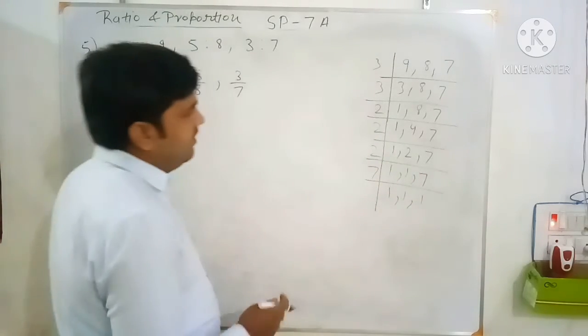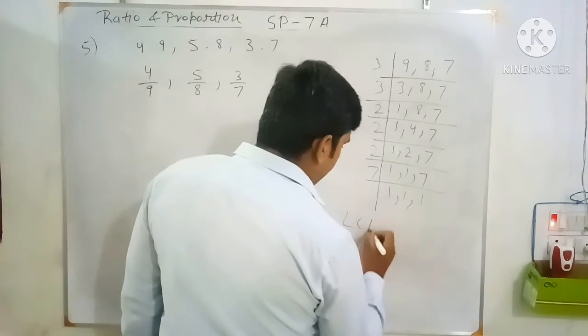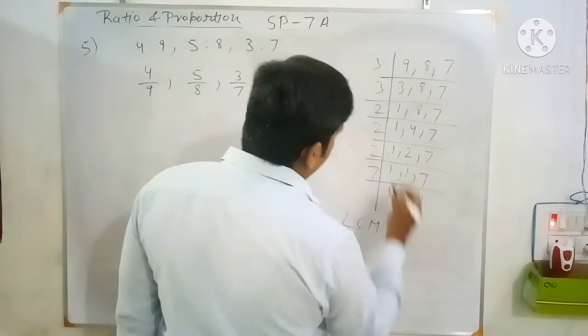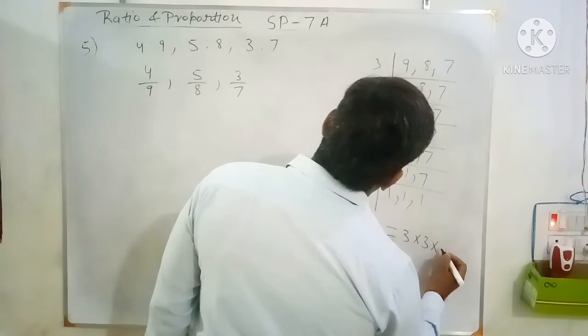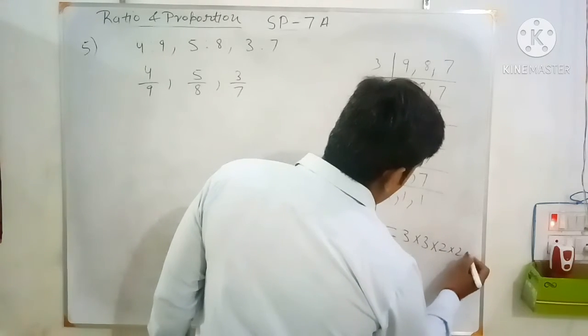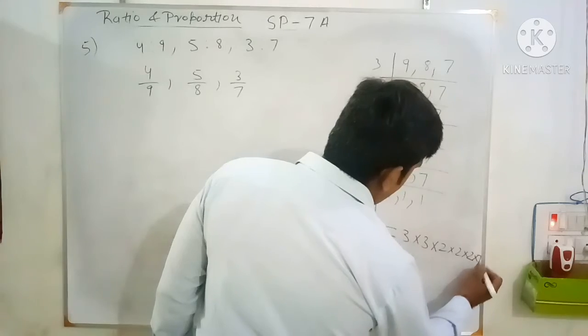Now 7 1s are 7. So what have you got the LCM? See, the product of this number 3 multiply 3 and 2 is multiplied 3 times, 2 multiply 2 multiply 2 multiply 7.